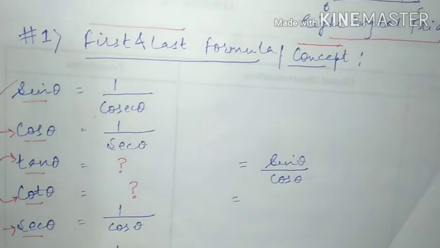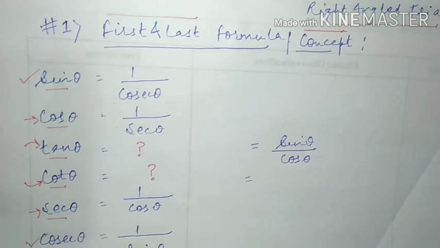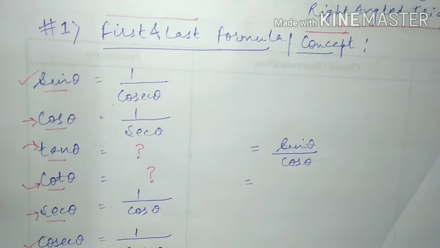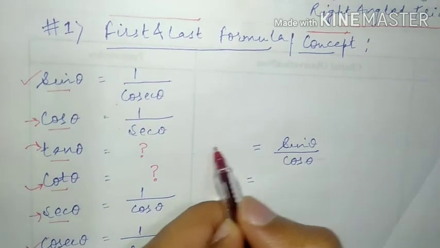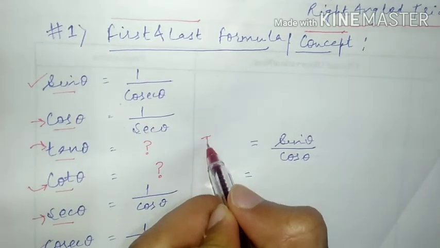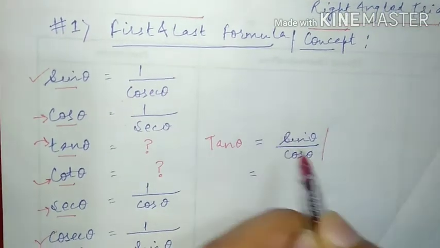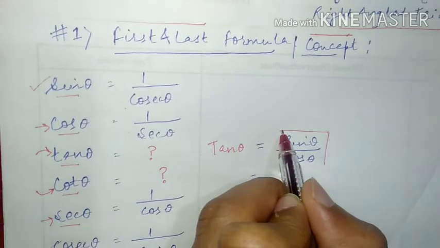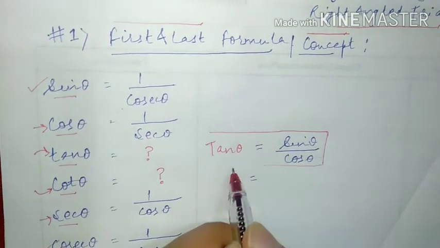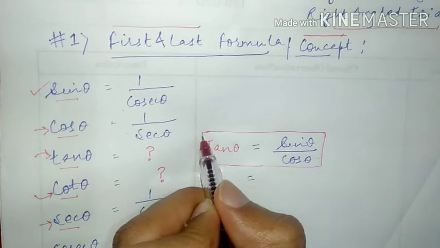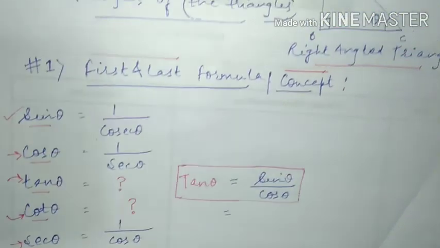Right, now moving to a very important formula of tan theta, and you are to learn this one. Tan theta is equal to sin theta upon cos theta. You are to learn this one. That is one of the most important formulas of this chapter, right? Tan theta is equal to sin theta upon cos theta.